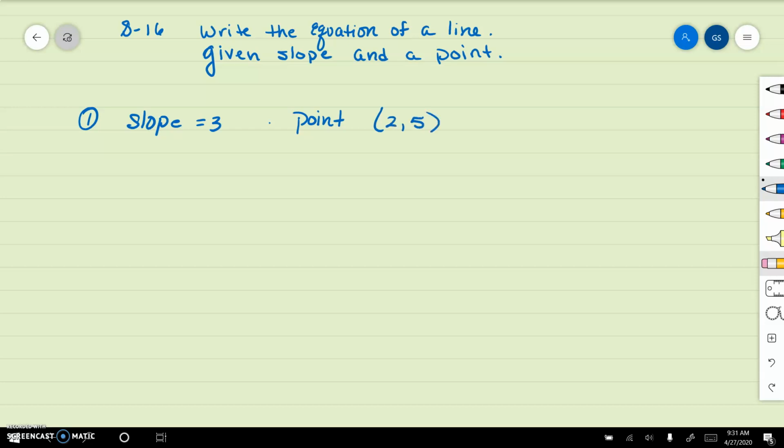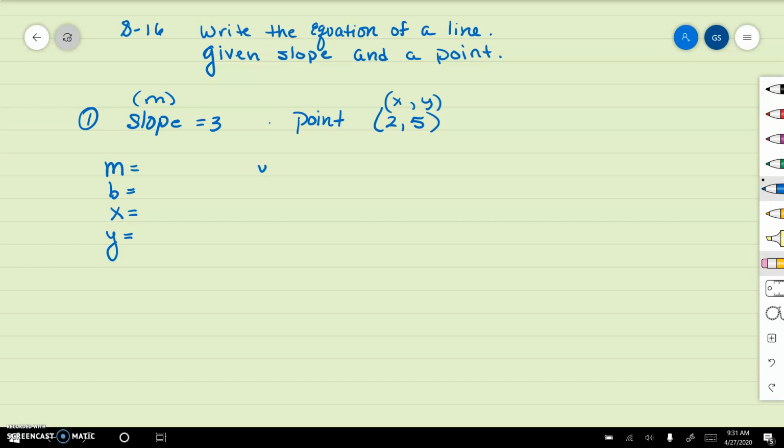Now, recall that slope is m, and that a point is actually x comma y, right? But we need the slope, the m, so we're going to write m equals. We need the y-intercept, which they're not giving us, but we're going to use the numbers that make up the point in order to find the y-intercept.